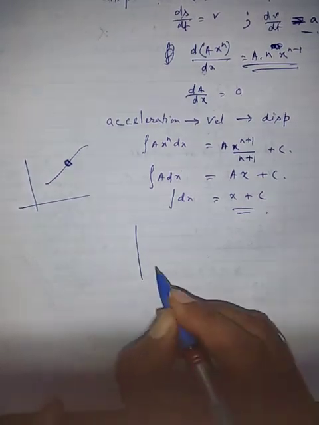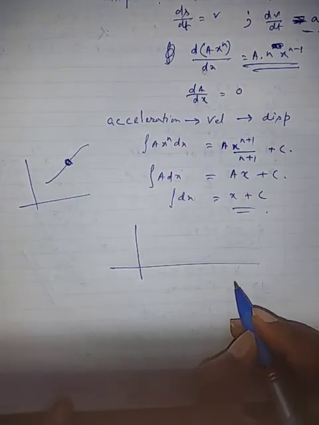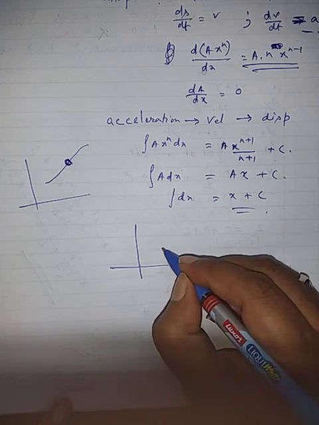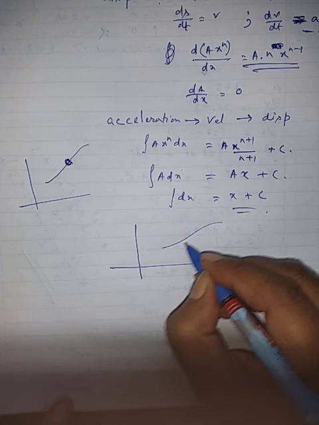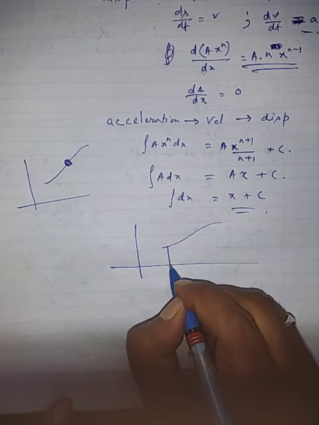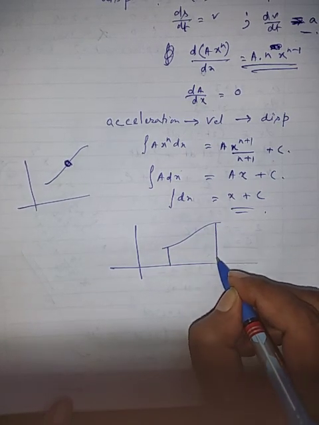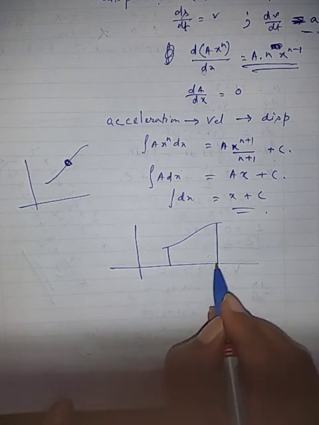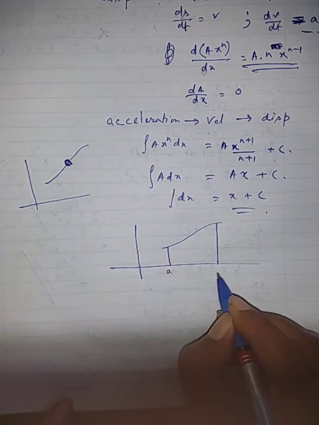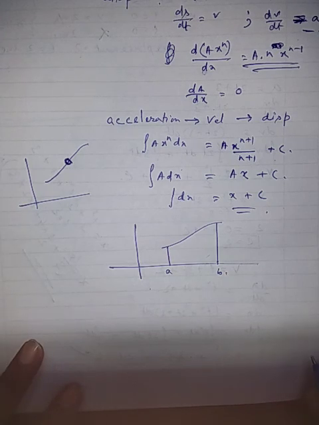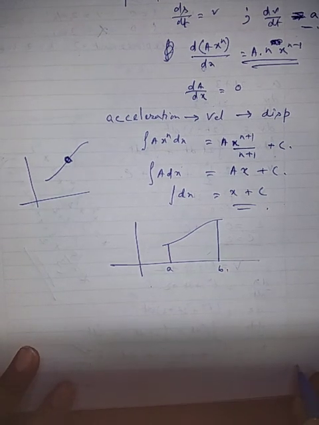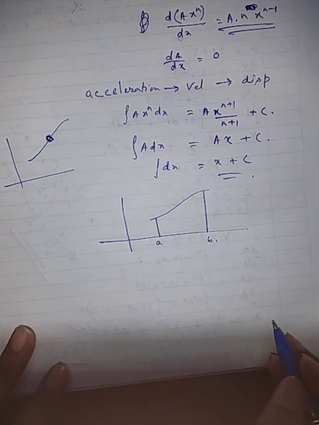And if we need to find the part of the curve, that means from a point to another point, suppose A to B, then in that case we need definite integration.